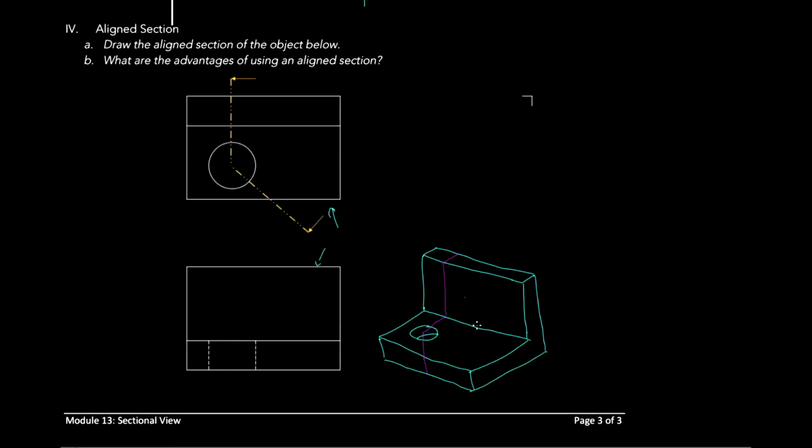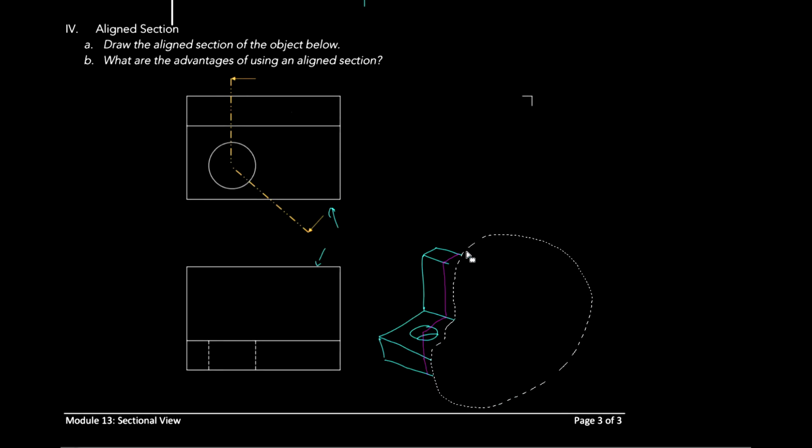So if we were to remove this, para i-remove ko to, no? If I remove this, I will end up with something that looks like parang ganyan yung makikita ko. Parang ganito.